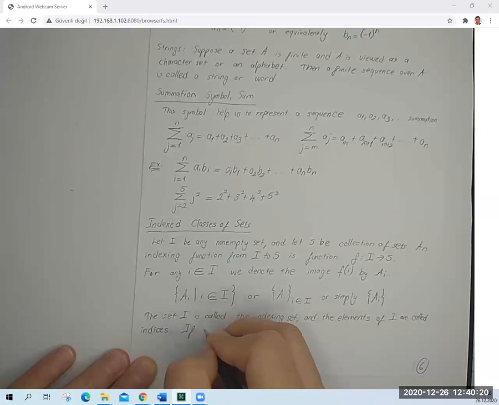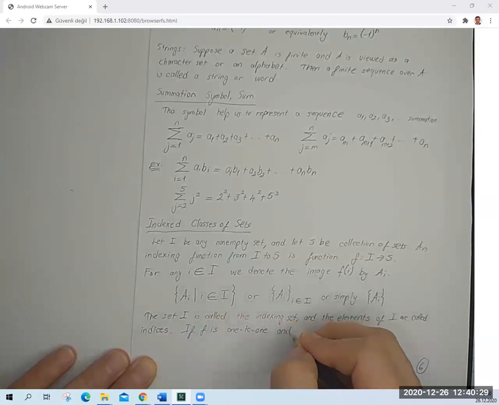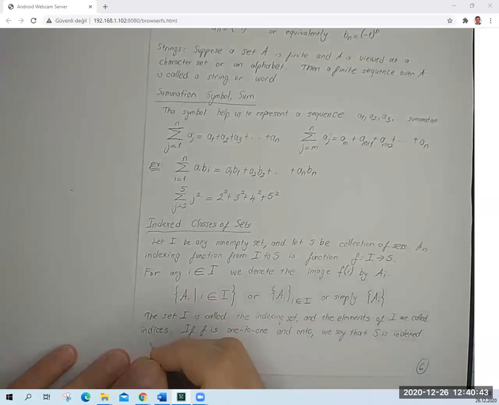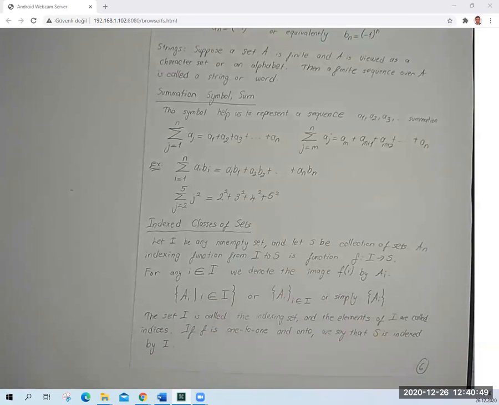If f is 1 to 1 and onto, we say that S is indexed by I. So that's it, I think. Let's write a new function and new page.